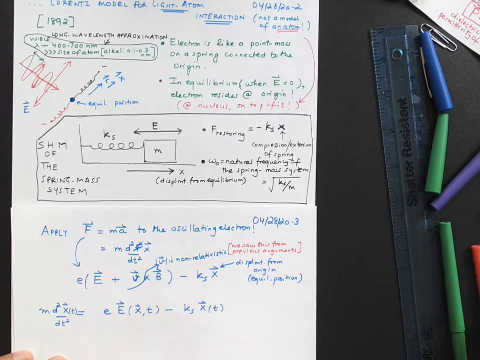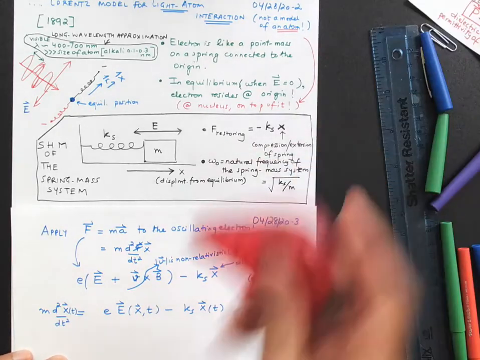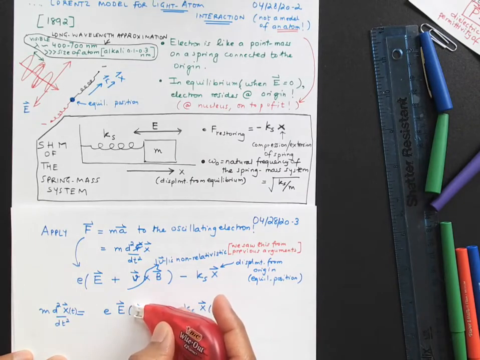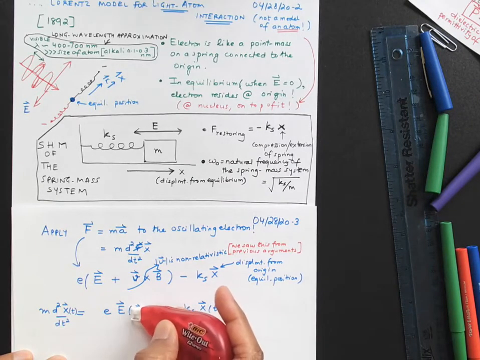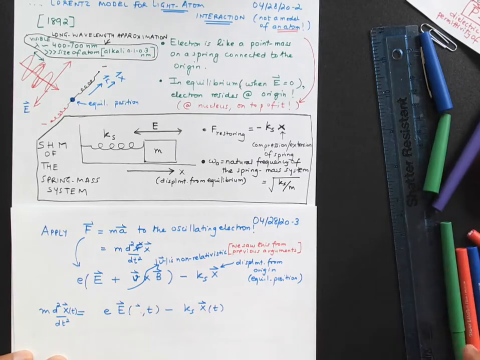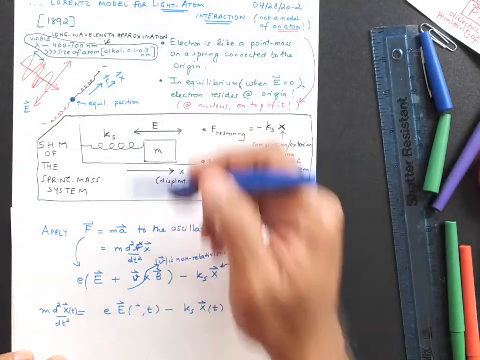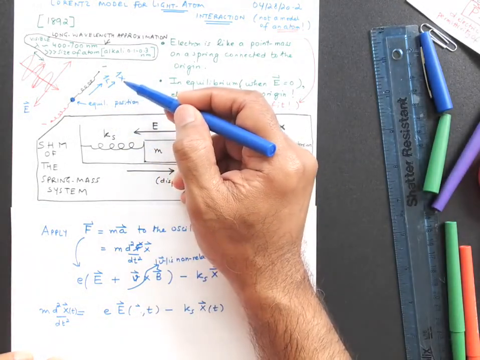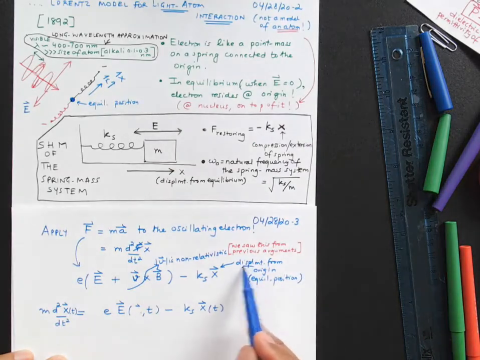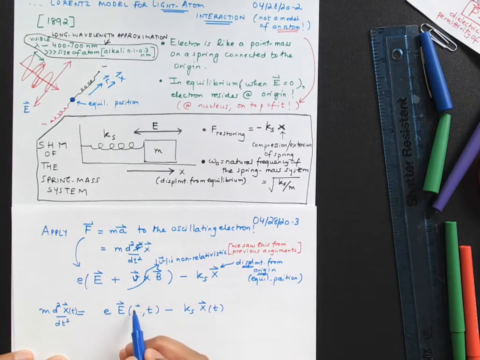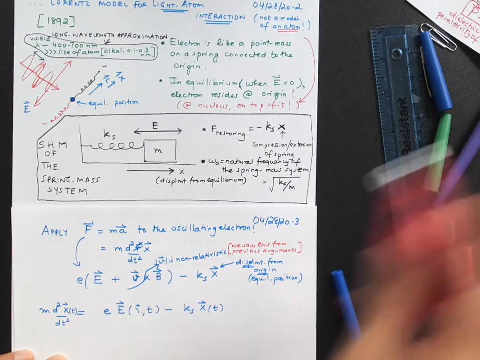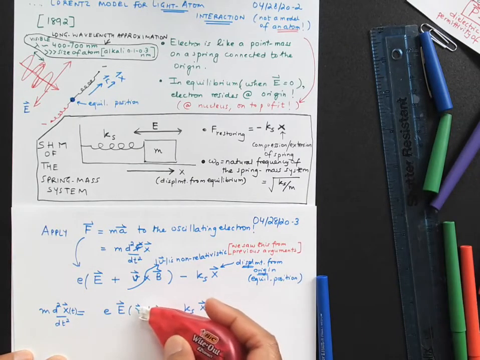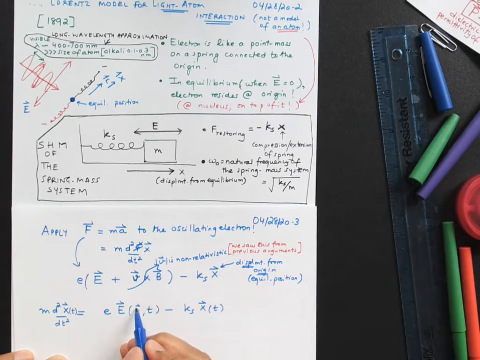This electric field is a function of x and t, but it's not this x. This x is the displacement of the electron from the origin. The electric field is a function of space, so this is a function of r.